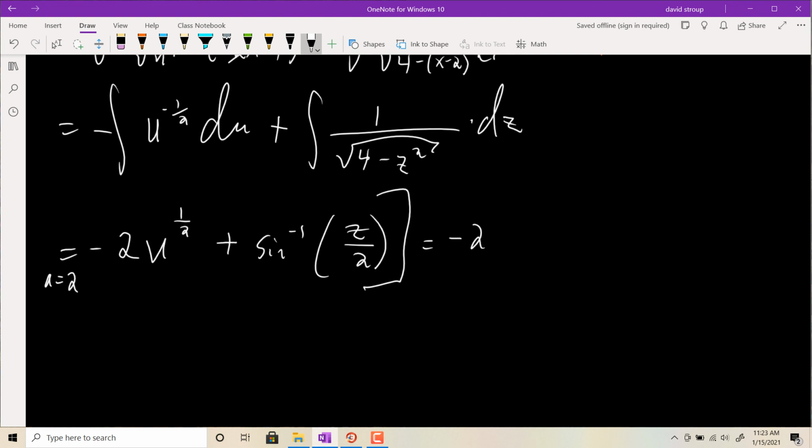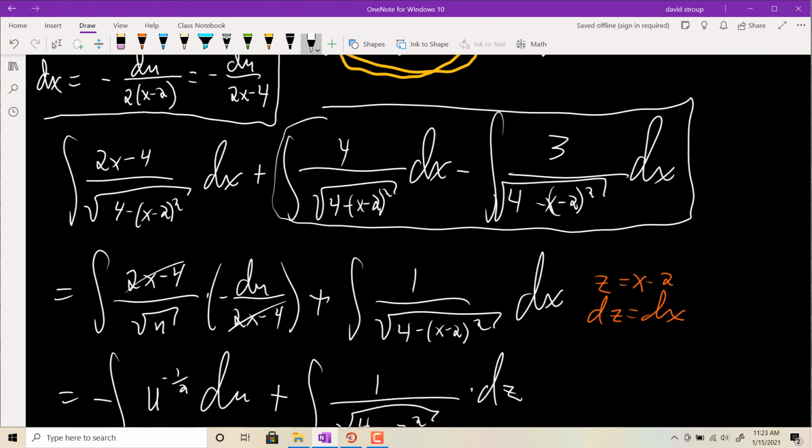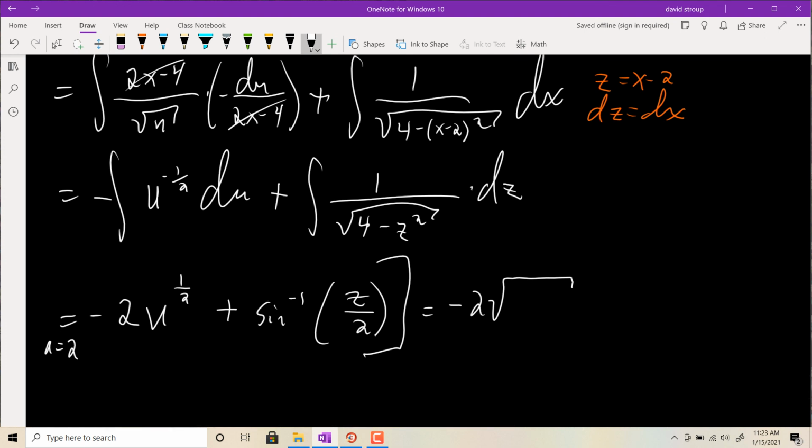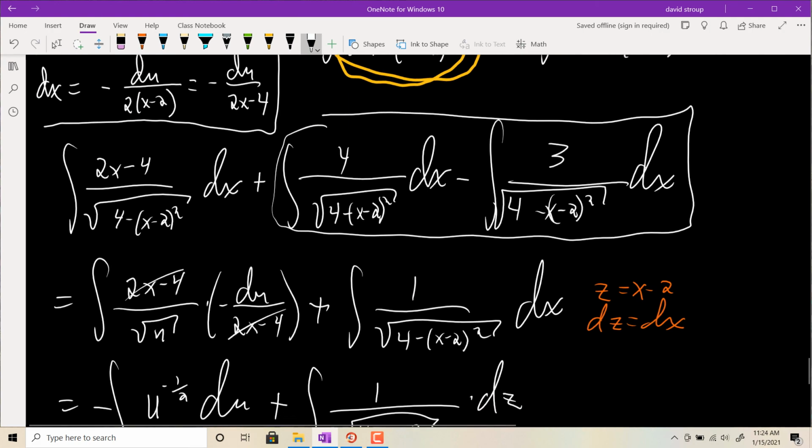So I get negative 2 times the square root of u, whatever u was. So u was that 4 minus (x minus 2) squared. And then plus arc sine of z, which is x minus 2 all over 2, and we need to evaluate, right? So we're evaluating from 2 to 3.